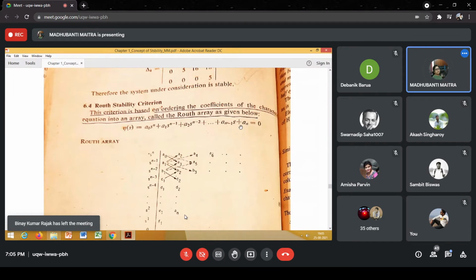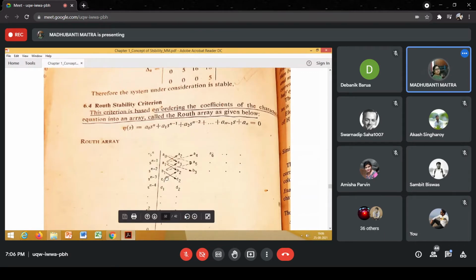So it's clear that from s to the power n minus 2, starting from this row, and for all the rest of the rows, we'll have to compute the terms contained in a particular row. Okay.